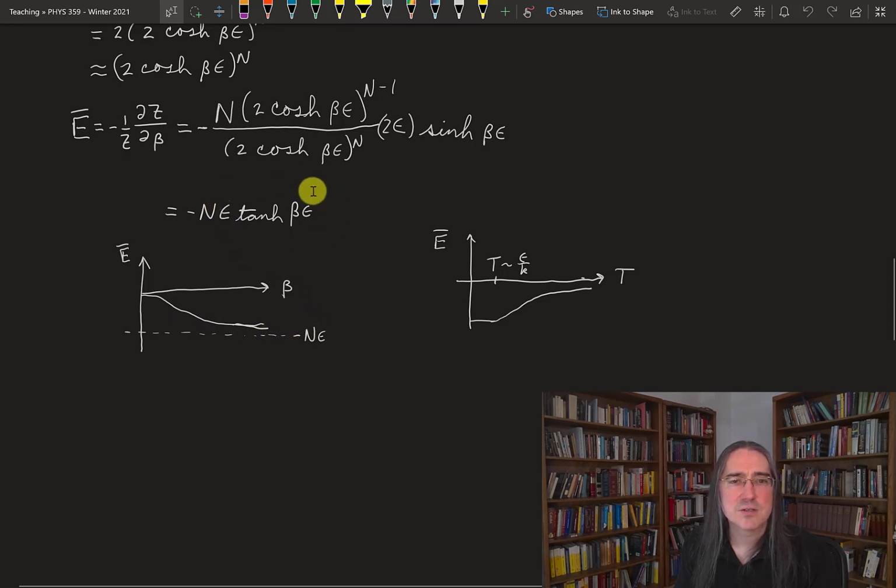So tanh, again, it's sinh over cosh. As beta gets big, or as T gets small, the exponential parts are going to dominate. And so the difference between tanh and 1 is going to scale like e to the minus beta as beta gets large, or e to the minus 1 over T as T gets small.